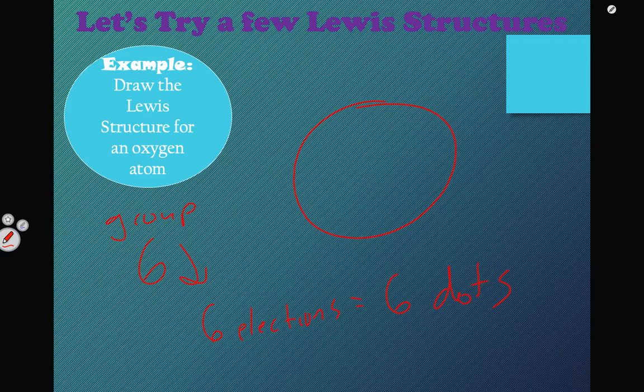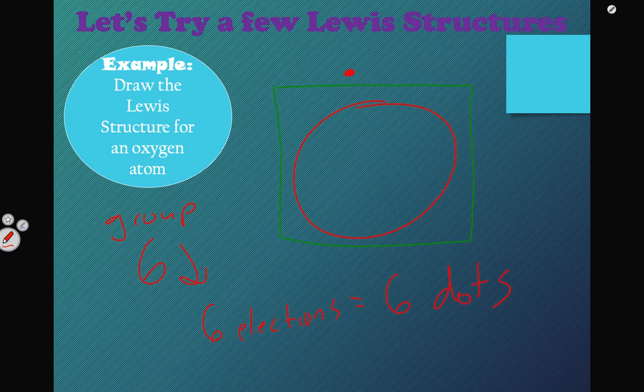Sorry if you guys can't read this. I need to change my background. So then the 6 dots we're going to place around the oxygen, putting 1 on each side. What I mean by that, you can imagine that there's a kind of box around the oxygen.